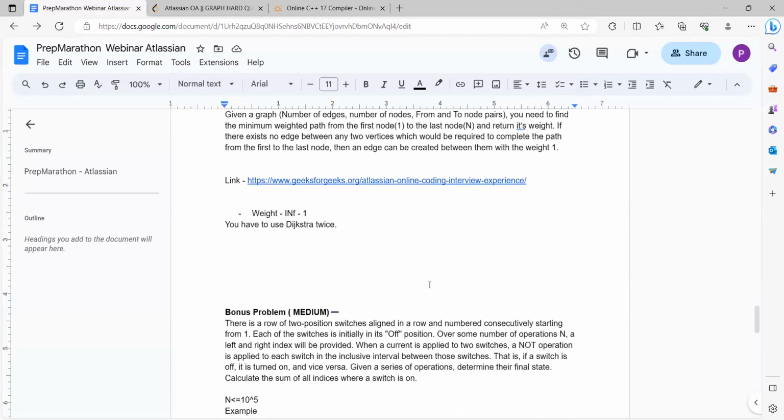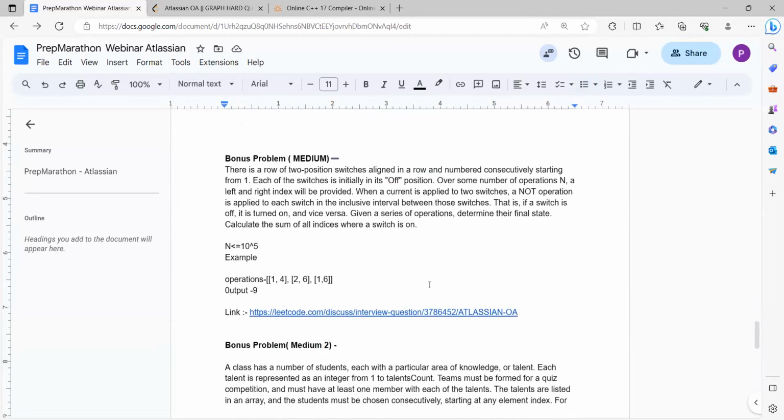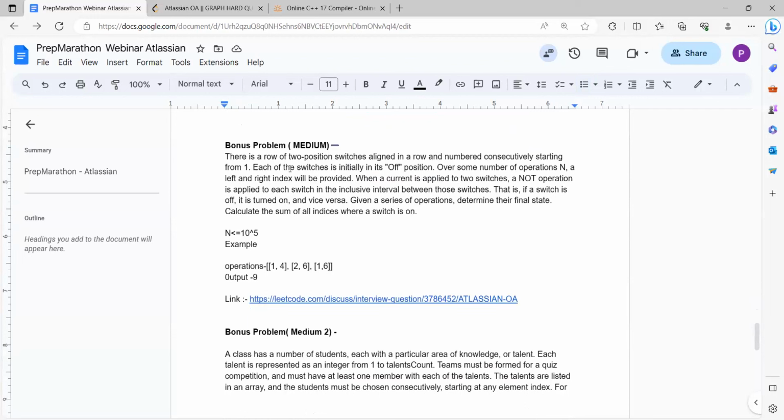So that was for this problem. These bonus problems I want to cover because this problem has a very wonderful underlying concept that I want to cover in this session. So go through this quickly. This is a medium problem, and it has one concept which is very repetitive in recent online assessment medium problems.